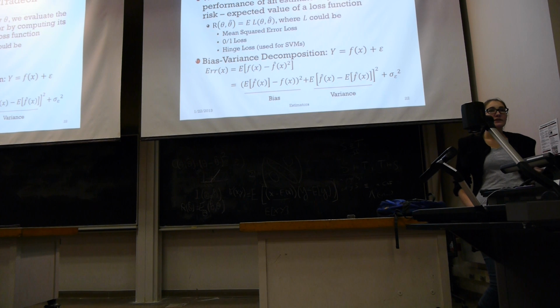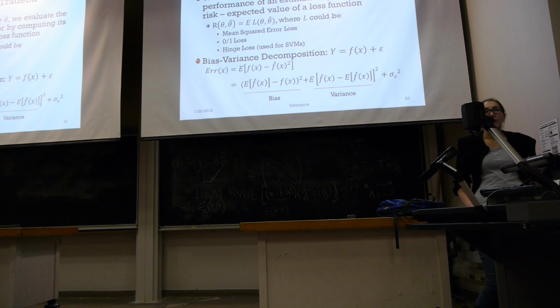So let's say we were trying to estimate the mean of a distribution, and we always said, okay, the mean is 0, independent of what samples we observe. Well, if we did that, the variance of our estimator would be 0 because it never changes.